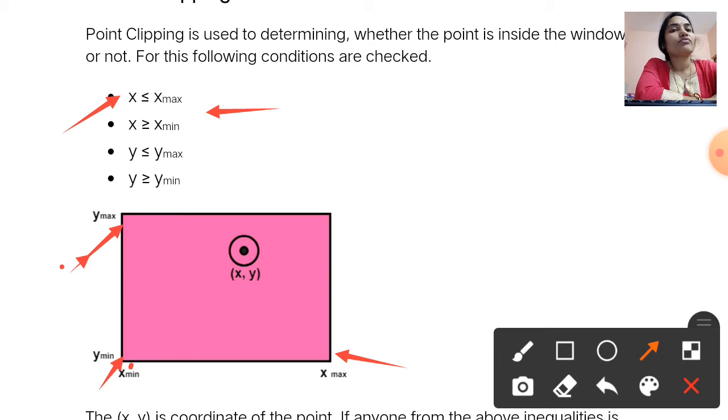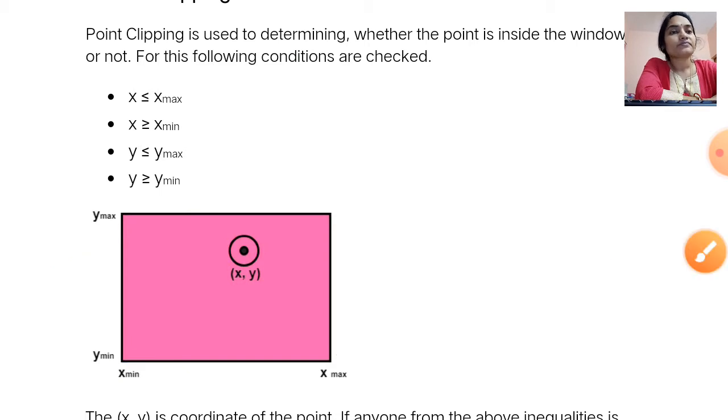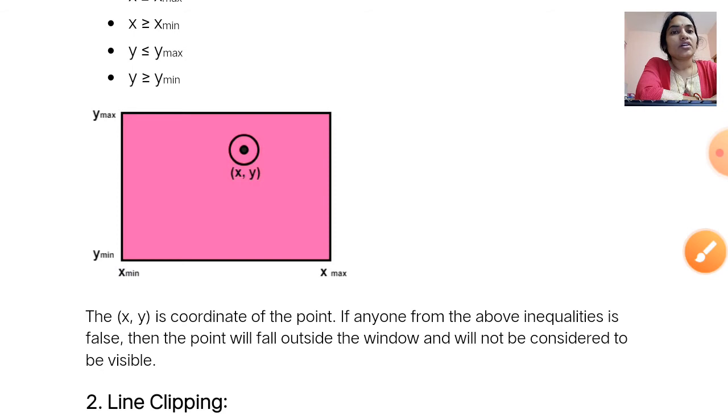If these four conditions are satisfied, then the point is inside the window and it is visible.